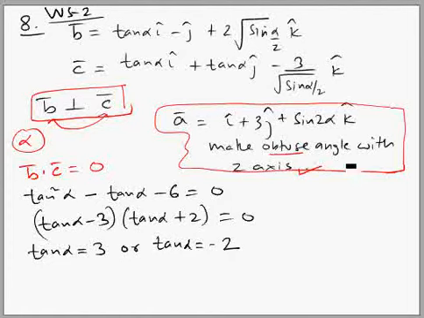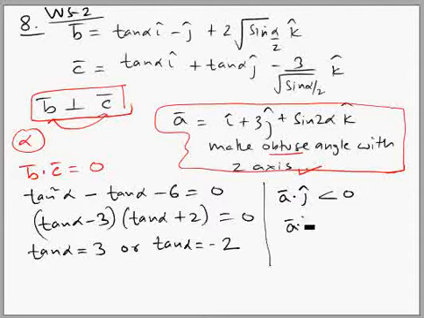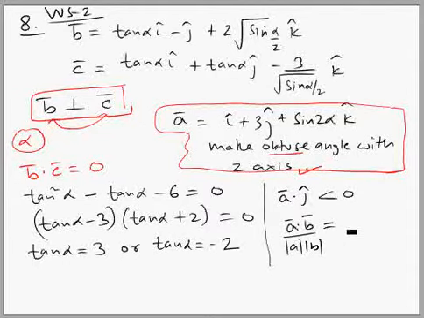A vector is making an obtuse angle with the z-axis, so it means a dot k cap should be less than 0. You know the angle between two vectors formula. Suppose there are two vectors a and b, then this is the formula to find the angle, equal to cos theta.